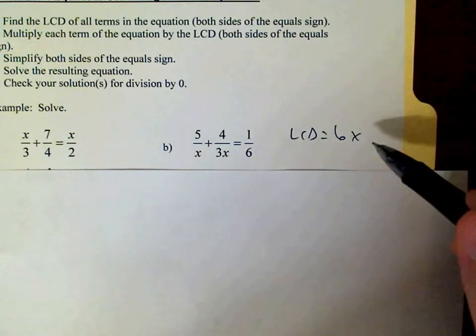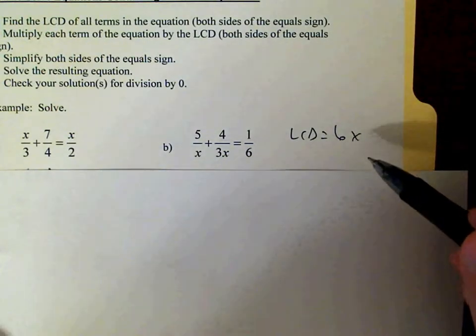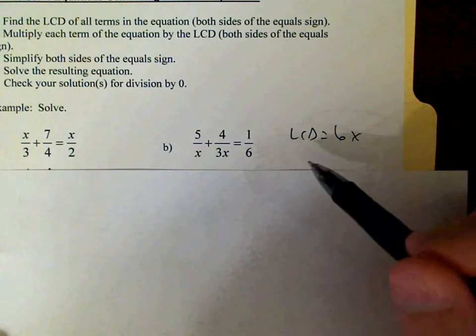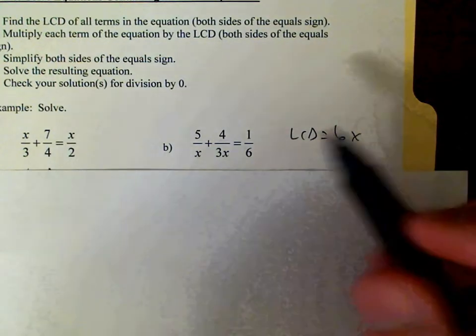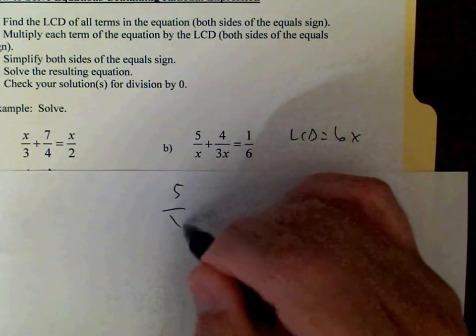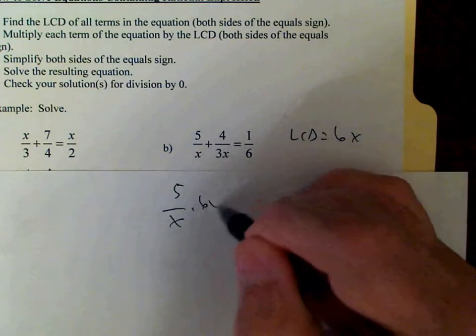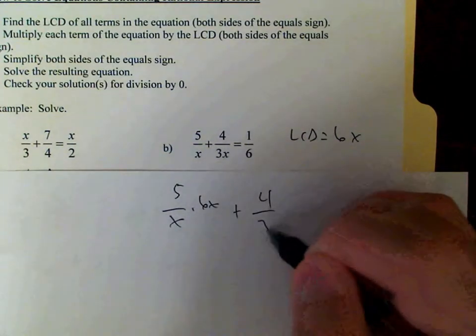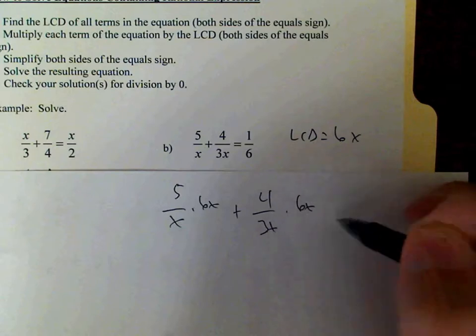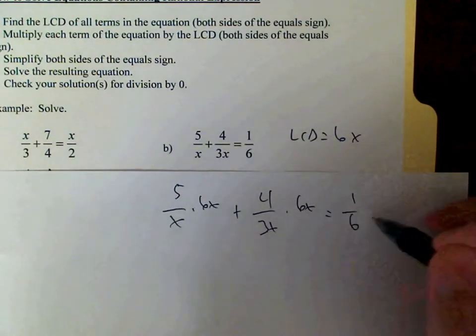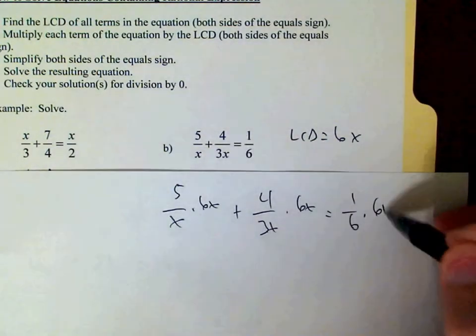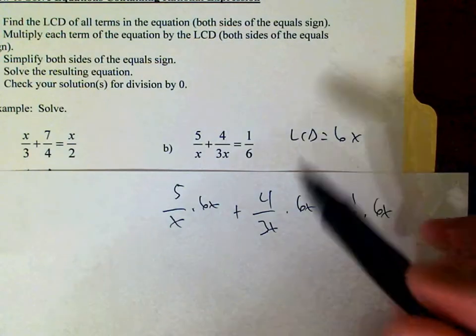Now once we have the LCD, what we're going to do with it is multiply each of these terms by the 6x, which is the LCD. Let's take 5x times 6x, plus 4 over 3x times 6x, equals 1 over 6 times 6x. Now, I'm going to cancel.